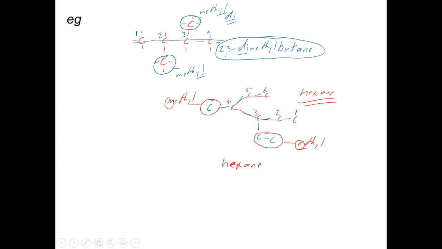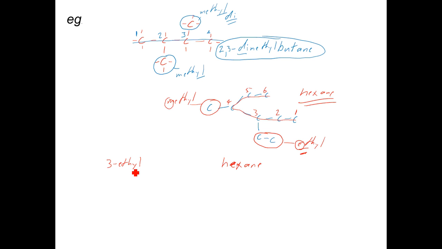Now let's take a look at the branches. Alphabetically, E comes before M, so we're going to name the ethyl first. Where is it? It's on carbon number 3. So this one would be a 3-ethyl. No spaces between any of these, by the way. No spaces between numbers, the dash, the letters, or between the words.